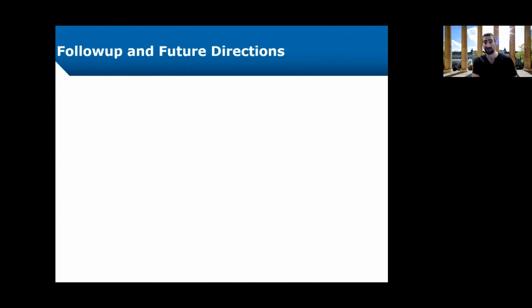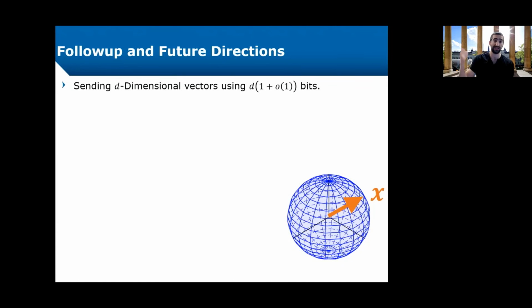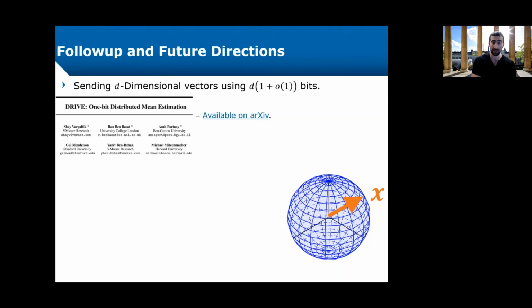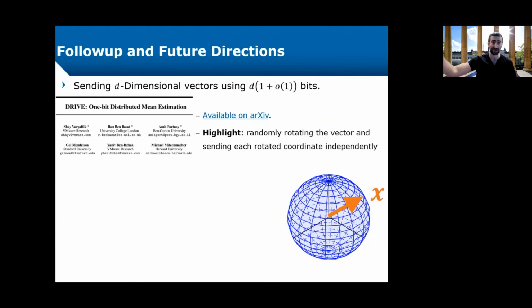And let me tell you about a follow-up that we did in which we want to send vectors, right? So we have a d-dimensional vector and we want to send it with 1 bit per coordinate on average plus some small overhead. And this is a paper that's available on arXiv. And the highlight in this paper is that when we send vectors, we should first rotate the vectors, right?